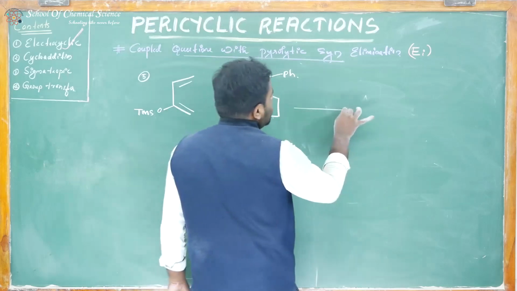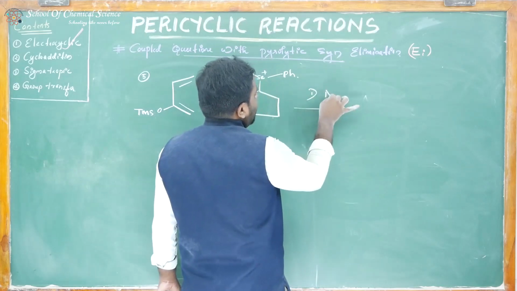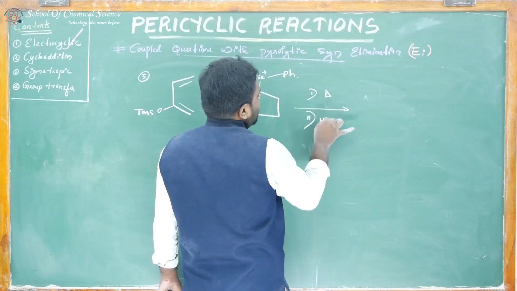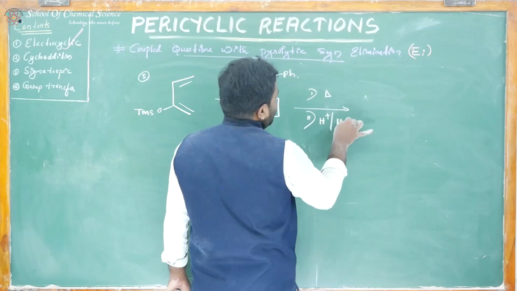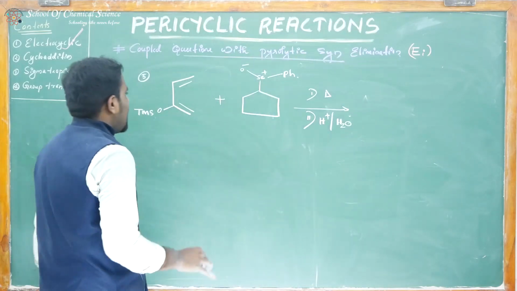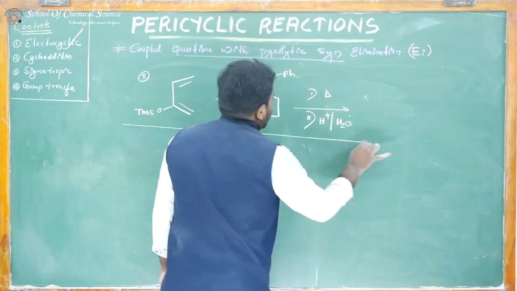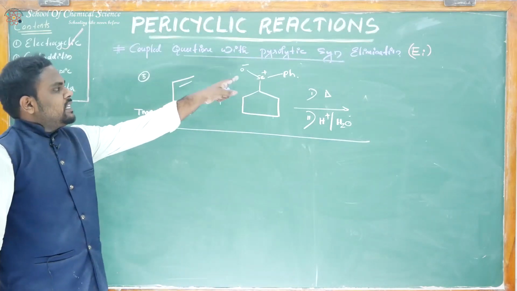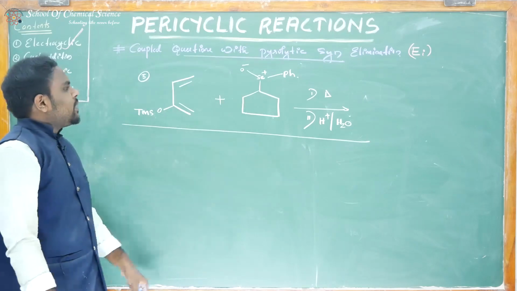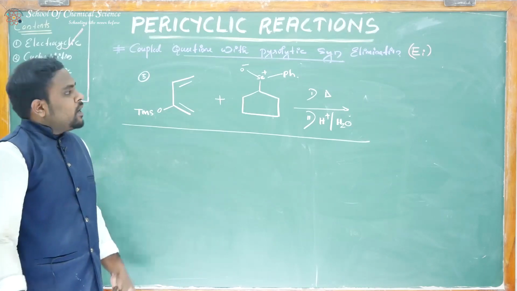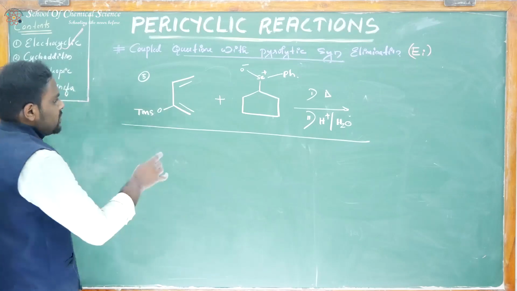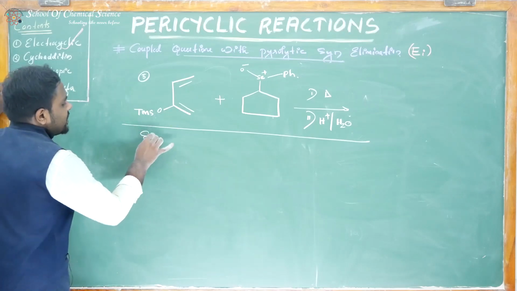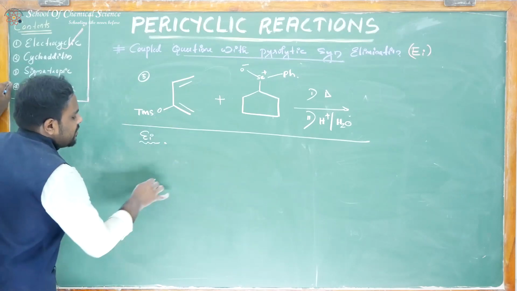Then conditions: first condition, thermal condition; second condition, H plus, H2O. Diene is there, but there is no dienophile. But this is a selenium oxide, and under thermal condition, what type of reaction? Pyrolytic syn elimination takes place. So the first reaction is Ei, pyrolytic syn elimination.